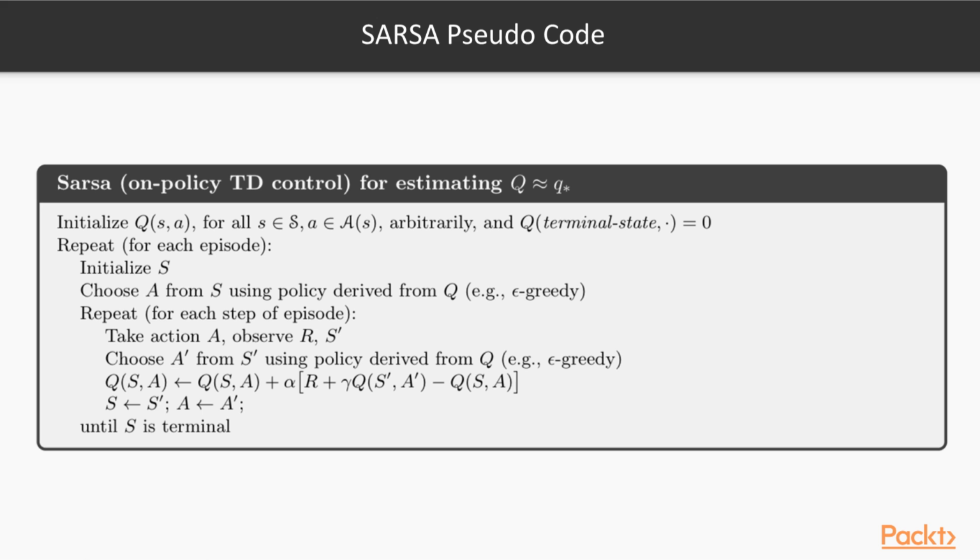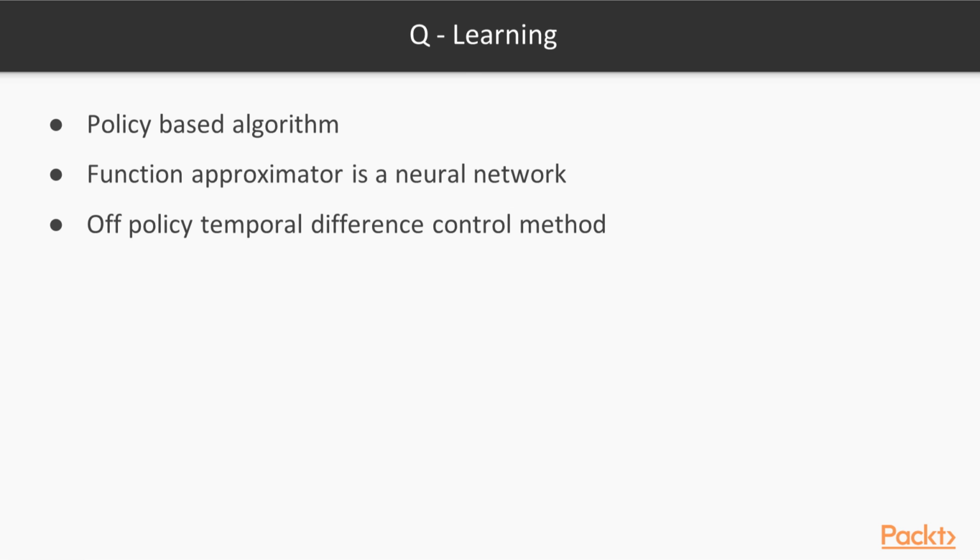And as in all on-policy methods, we continually estimate Q for the behavior policy and at the same time change the policy towards greediness with respect to Q. So Q-learning is the off-policy method. SARSA is the on-policy, and Q-learning is the off-policy. And remember, off-policy methods evaluate and improve a policy different from the policy that's used to generate the data.